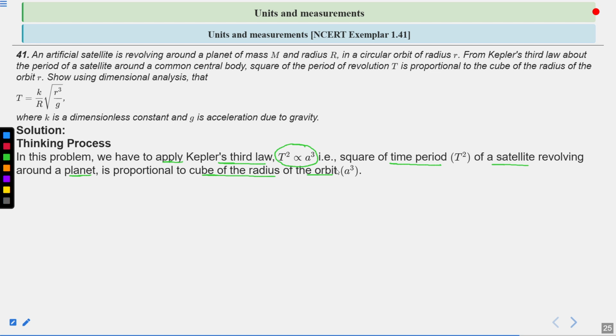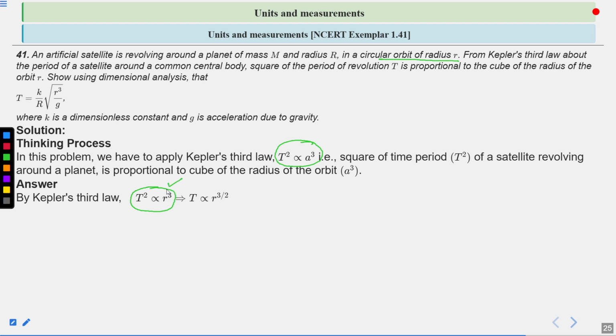Now solution is, we will use Kepler's third law. So why Kepler's third law? T square is directly proportional to R cube, because in this question R is the radius of circular orbit, but according to Kepler's third law, A is radius of orbit. So we just substitute A with R. So T square is directly proportional to R cube.